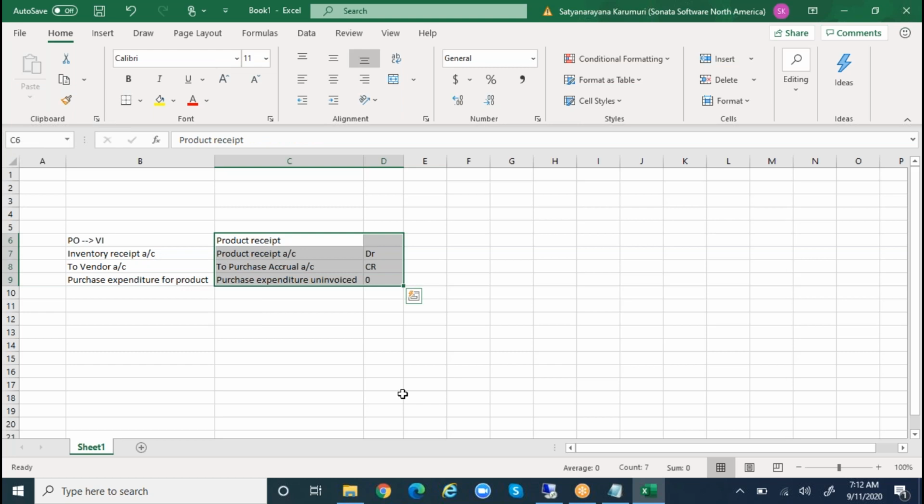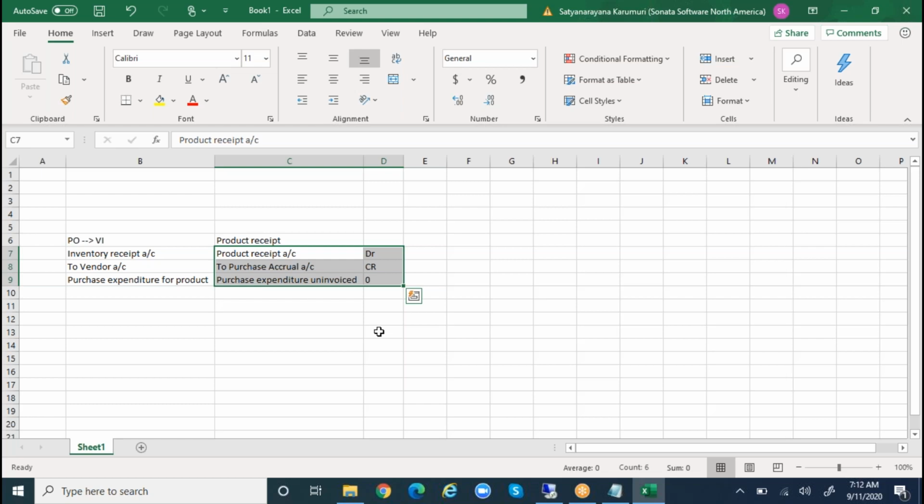These are temporary accounts. At the time of product receipt, these accounts will be posted if you map them. This is an optional process. If you want to enable it, you can enable one checkbox. Then automatically at the time of product receipt, the ledger accounts will be posted.